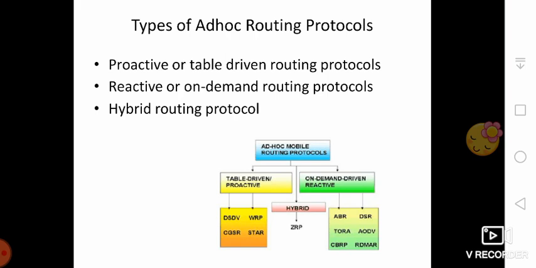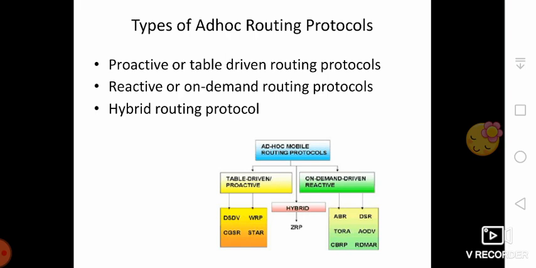So the main advantage is minimum time is required to find out the route for data transmission. Then disadvantages: due to the frequent change in network topology, the exchange of up-to-date information has to be done periodically. Then network overload is also high. Bandwidth consumption is high in large networks.